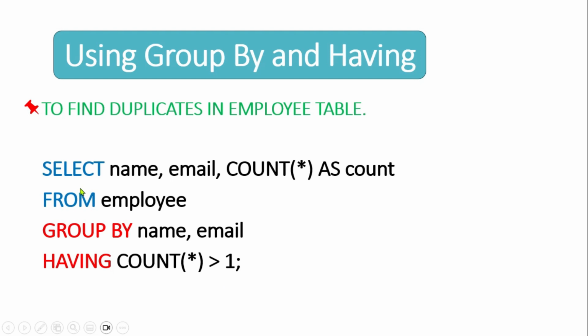So the query will be like: select name, email, count(*) as count from employee table group by name and email having count greater than 1. So this query groups the employee records by their name and email. Then it counts how many times each name and email combination appears. If the count is greater than 1, then it means there are duplicates.